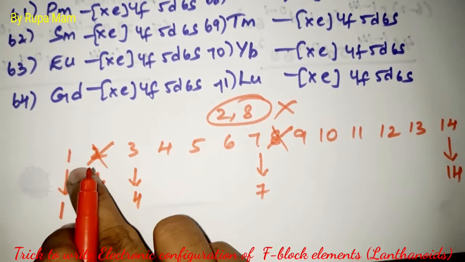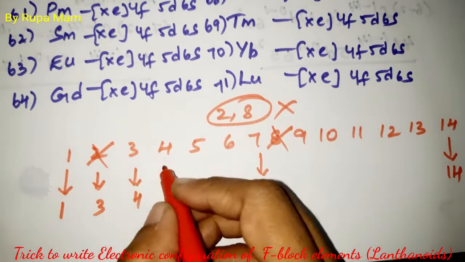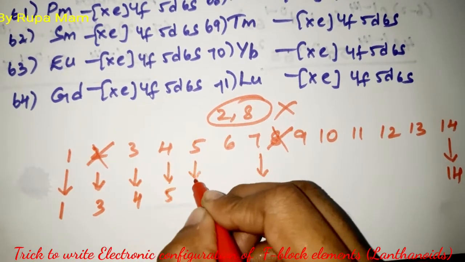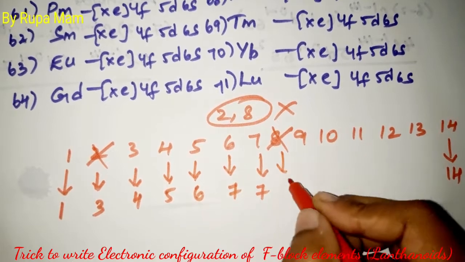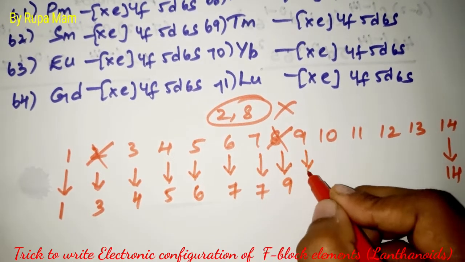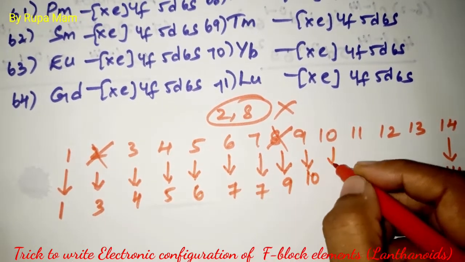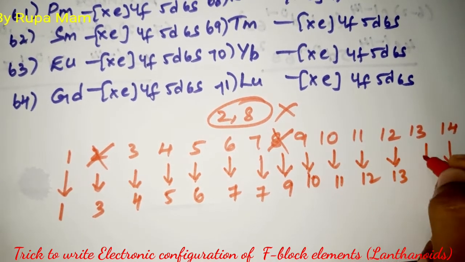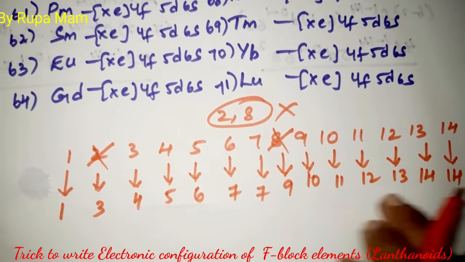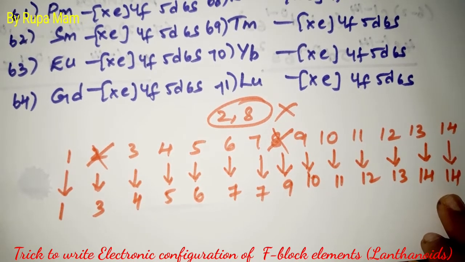If I cross 2, you have to take 3 here, 4 here, 6, 7 here, 9, 10, 11, 13 and here 14. You have to take the f electrons like this.